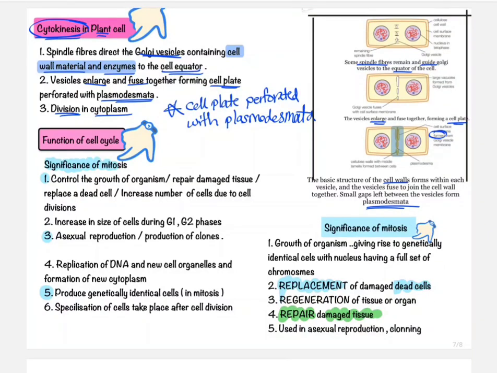Why do we do this cell cycle all the time? We always have either interphase, mitosis or cytokinesis going on in our cells. Why? What is its function, its significance? They control the growth of an organism, repair damaged tissues, replace dead cells, and increase the number of cells through cell division.